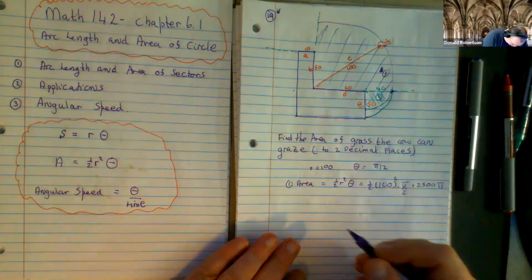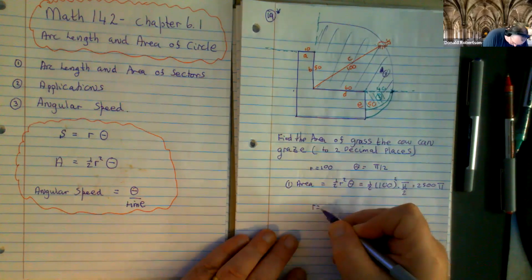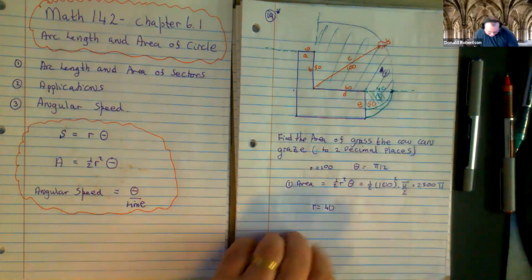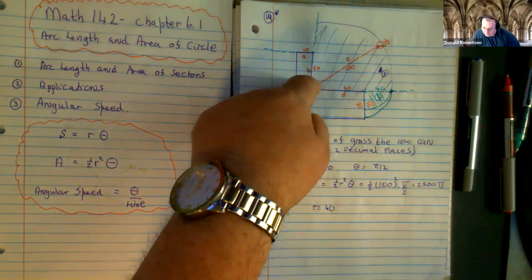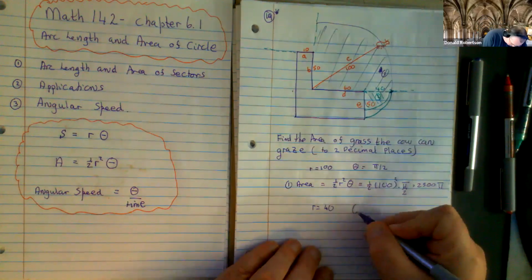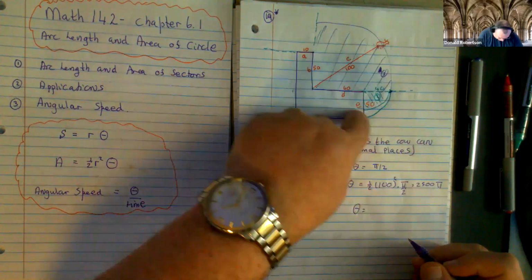So let's see what that looks like. The radius is only 40 now, 60 plus 40, right? The angle is a quarter of a circle.